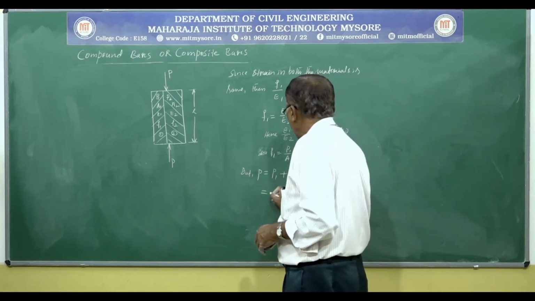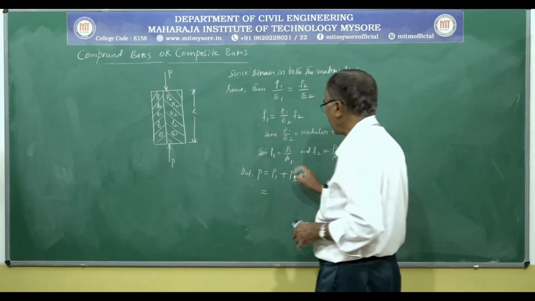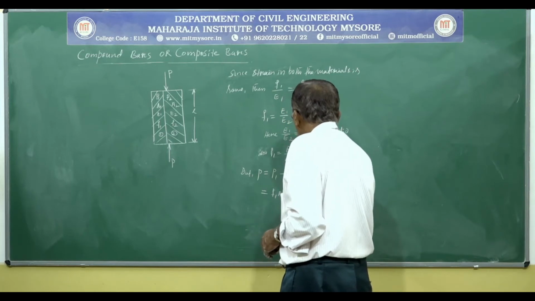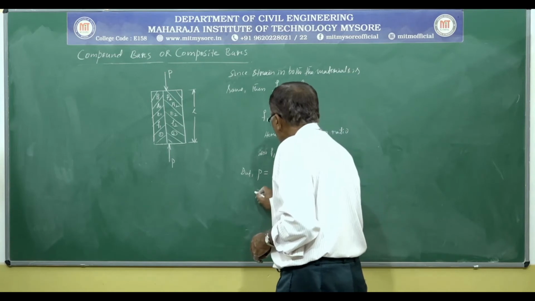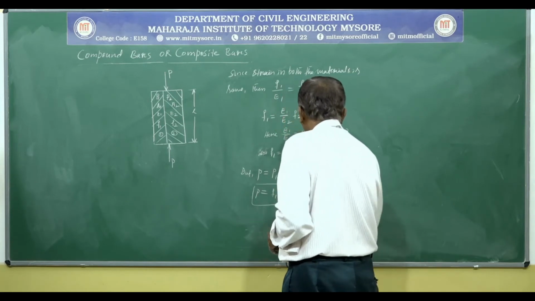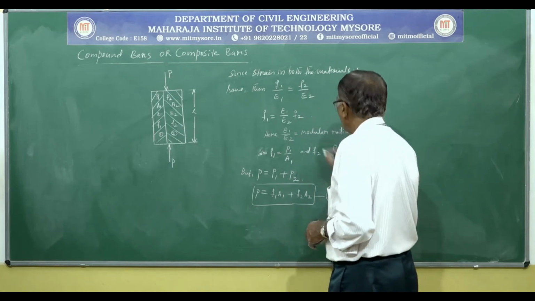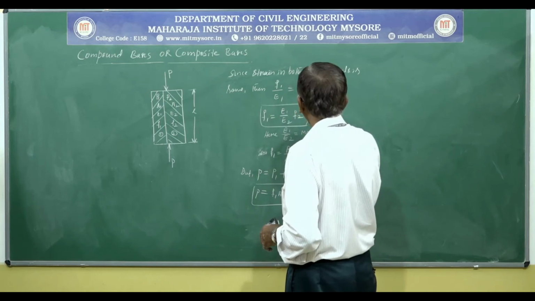This can also be written as, P1 in terms of stress and cross sectional area: F1 A1 plus F2 A2, this is P. So this is equation 2, and we can call this equation 1.